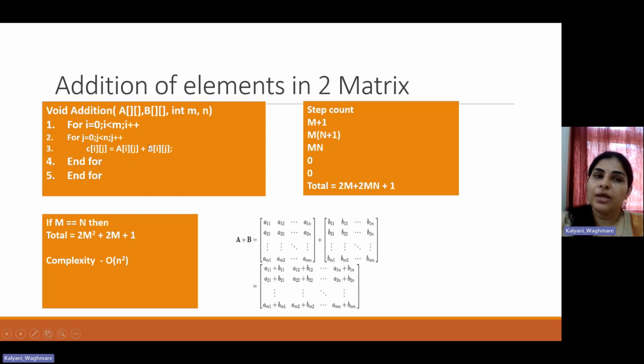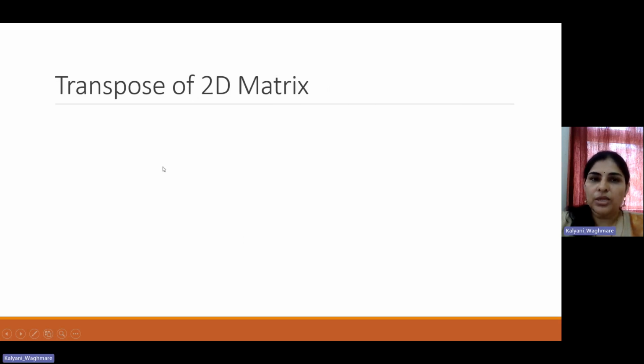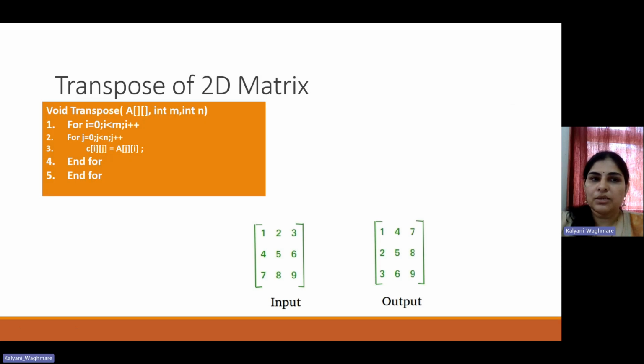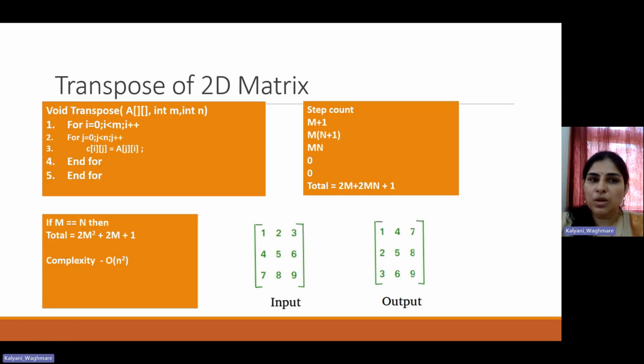Because of that, the complexity of addition of all the elements in the matrices will also be order of n square. If I want to take the transpose of a matrix, transpose is nothing but swapping the rows to columns and columns to rows.